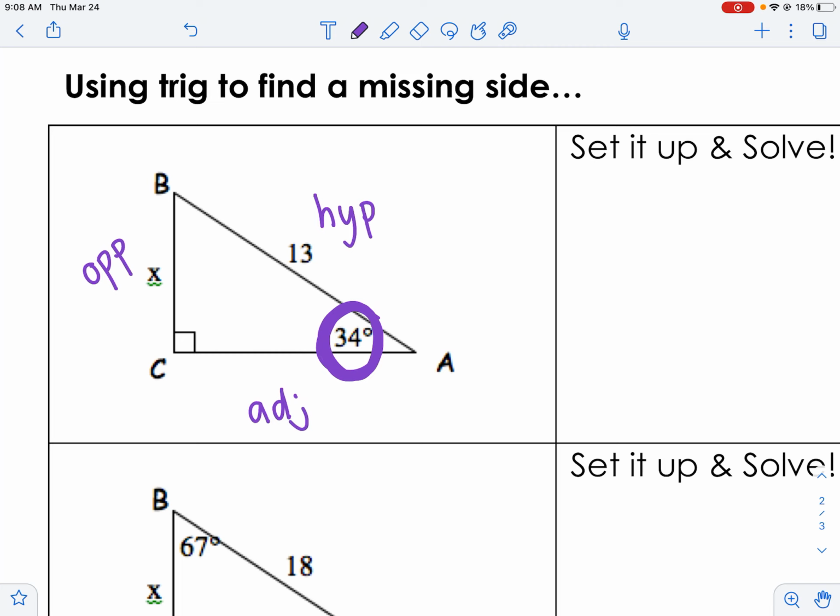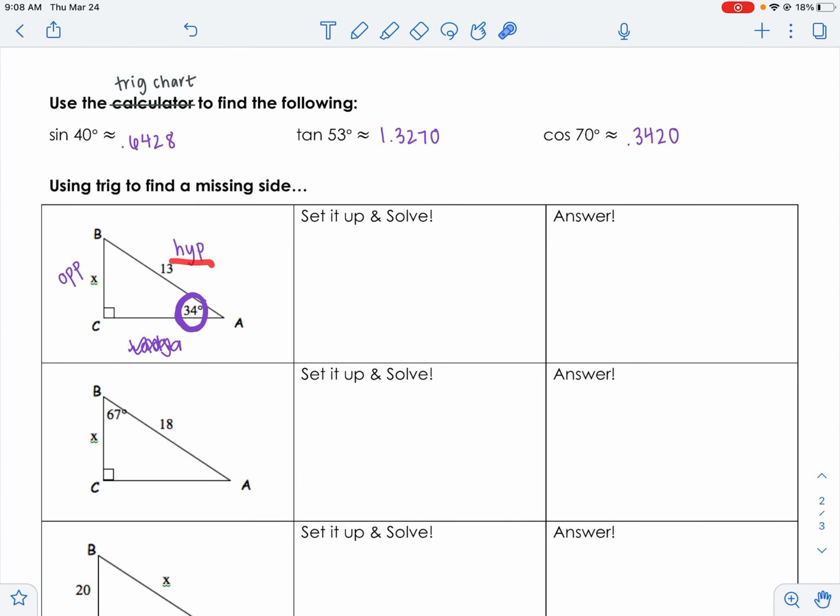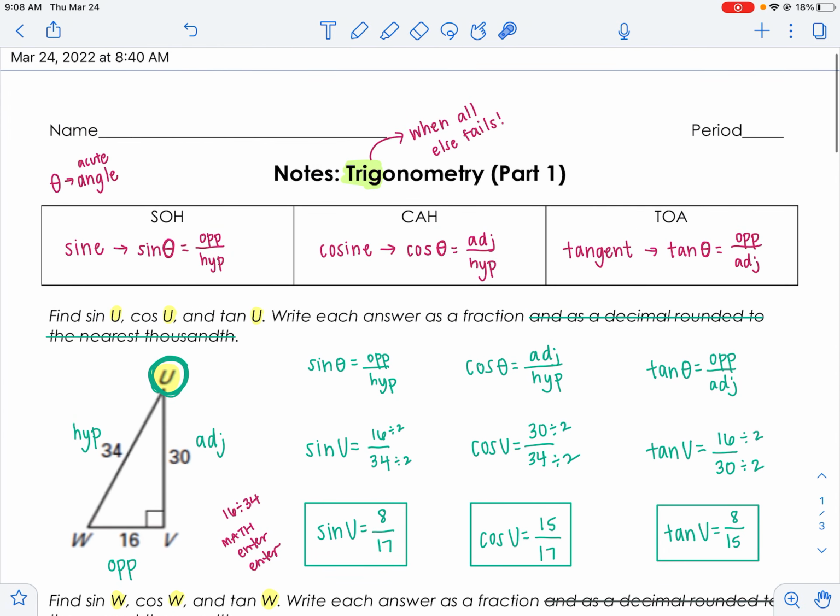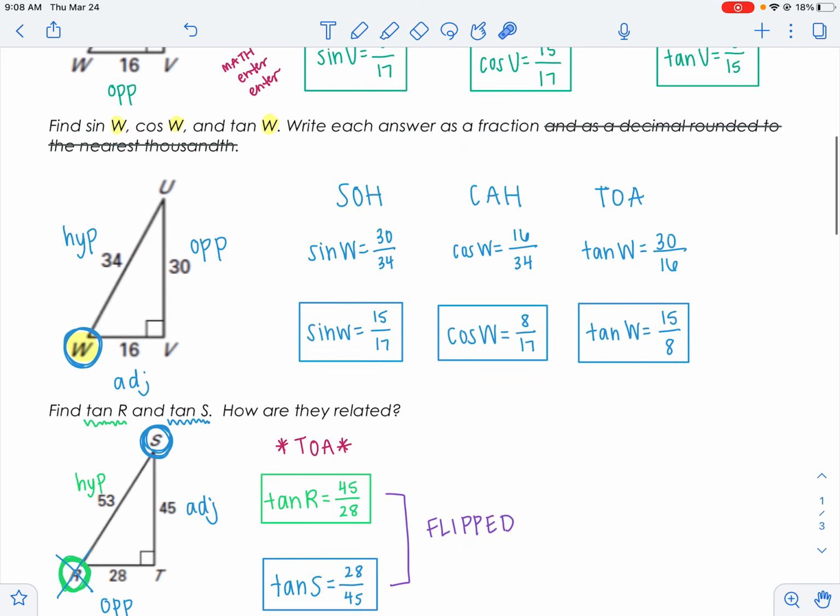Now, I have 3 trig formulas: sine, cosine, and tangent, and I don't need to use all 3 on this problem. There's nothing on the adjacent side. There's not a variable, there's not a number, which means I can cross it out because I'm only going to use the opposite side and the hypotenuse. So if we go back and look at our trig formulas, which one uses opposite and hypotenuse?